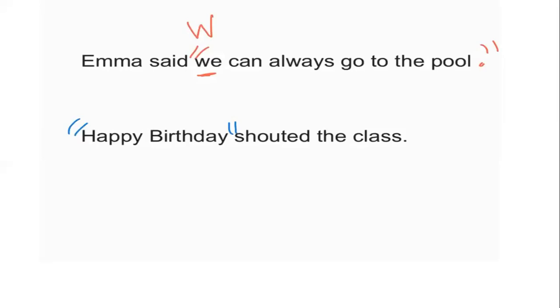And we need a comma between what's being said and who is speaking. Same question for the next sentence. Happy birthday, shouted the class. What else do we need to add? You're right. You need an exclamation point after happy birthday. The exclamation point needs to go inside of the quotation marks.